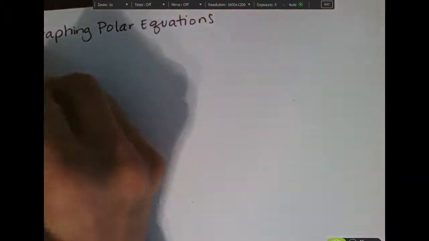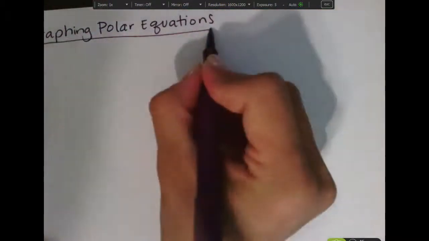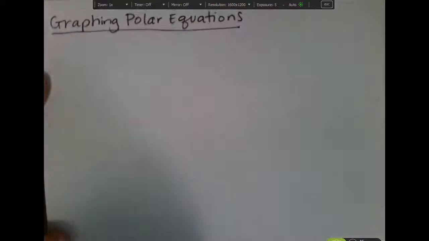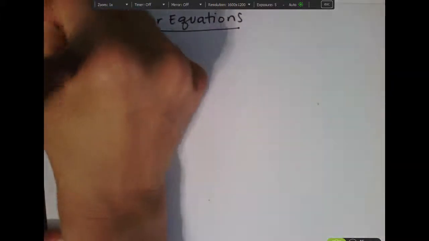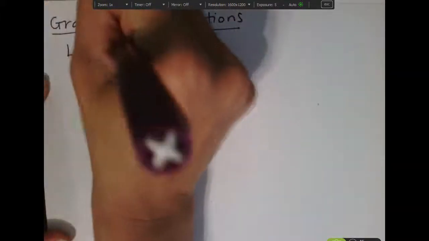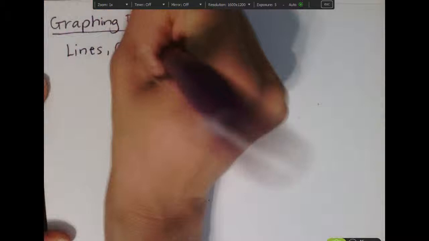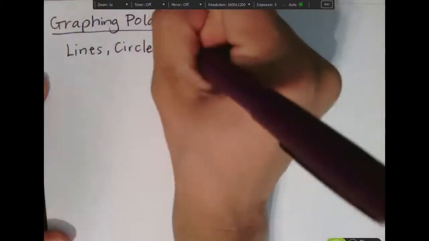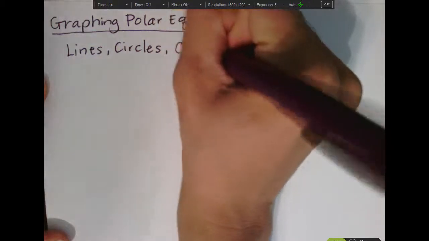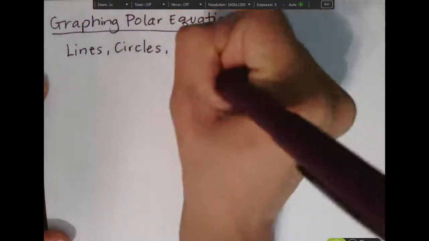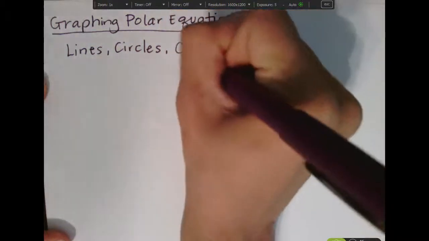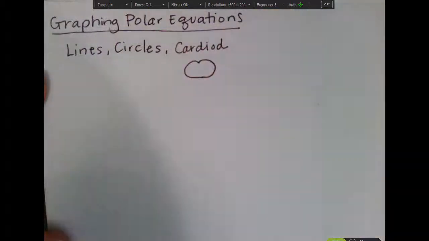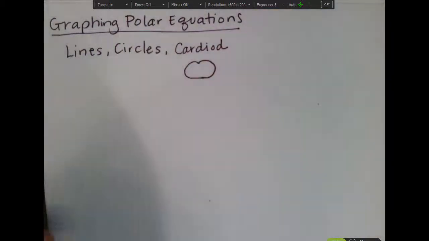So there are many types of polar equations. You can get lines. You can get different types of circles. Different types meaning different radius lengths, different orientations on the polar grid. You can get something called a cardioid, which sort of looks like this, like an apple or a heart or something like that.